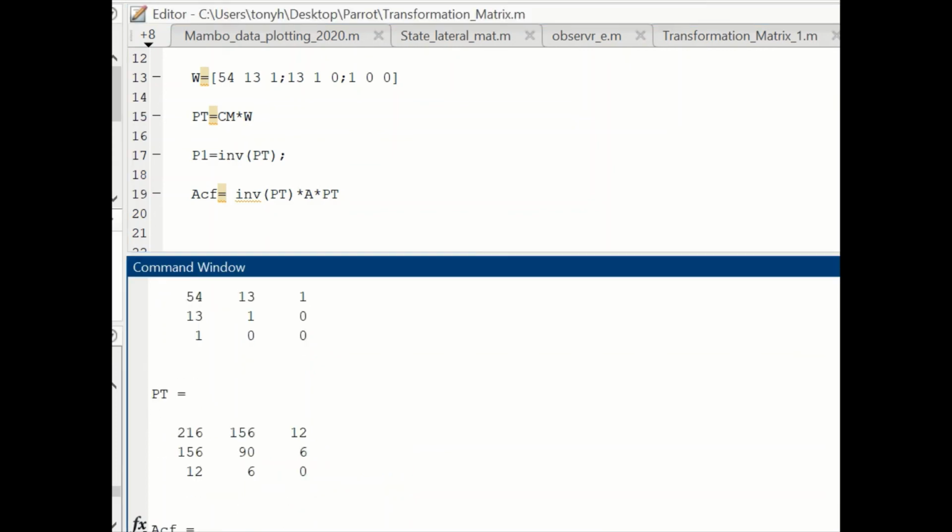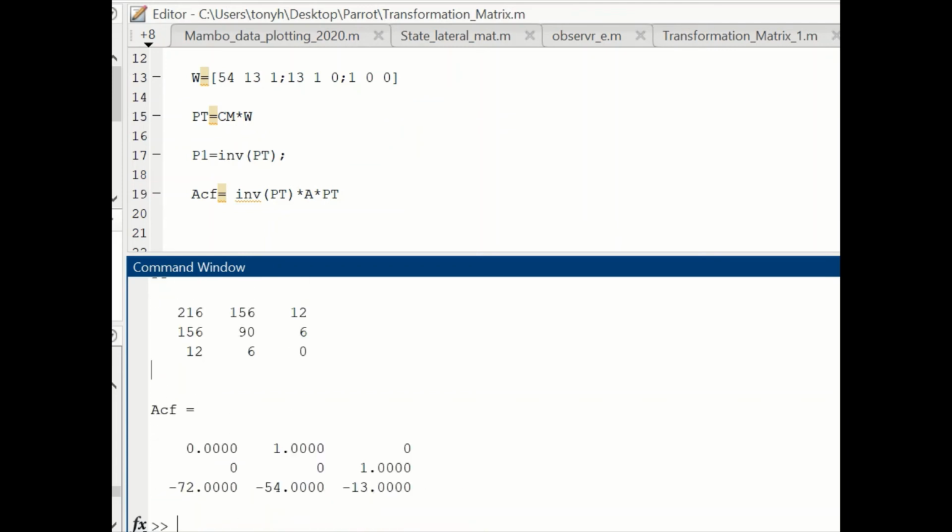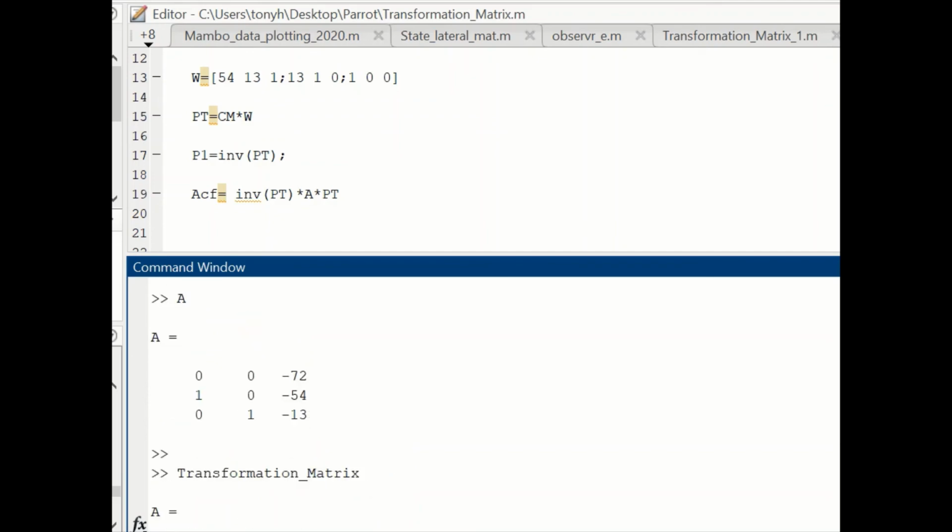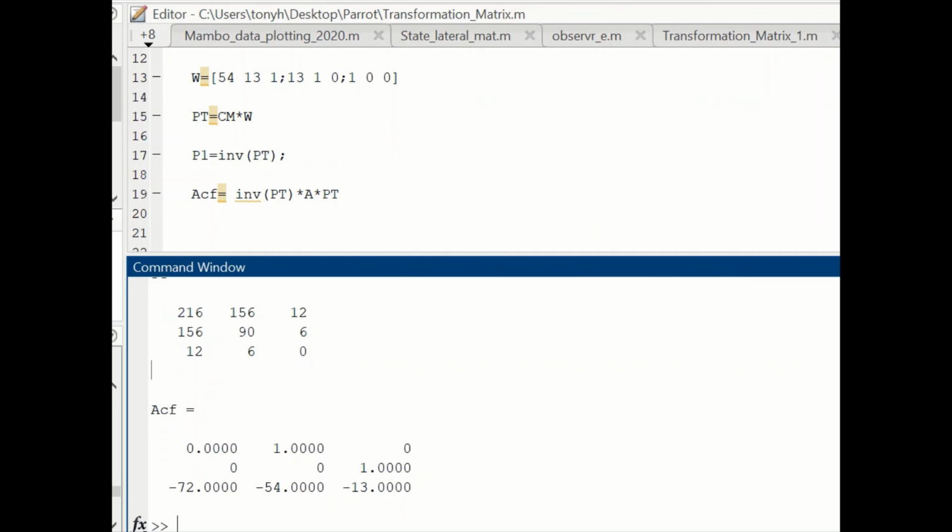So if we just scroll up here, here is my A matrix, then there's the different parts of my controllability matrix. There's my overall controllability matrix. Then I worked out my W, then it's worked out the transformation matrix, then it's computed this term here, and there we have the final A matrix in the correct companion form.